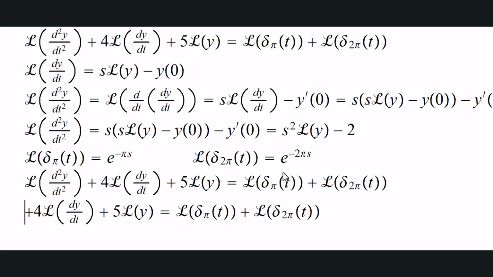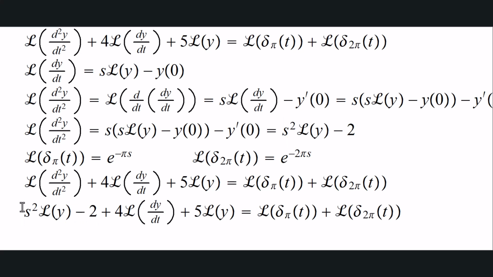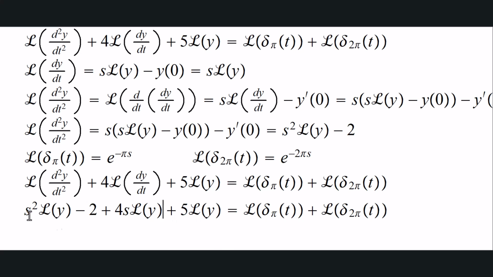So the Laplace transform of the second derivative is right here. Now let's get the Laplace transform of the first derivative, and remember y at 0 is 0. So this will simply be how much? s times the Laplace transform of y. So now we can replace the Laplace transform of dy dt by s times the Laplace transform of y, and these will be replaced by their respective values, right? So there we got e to the negative 2 pi s.